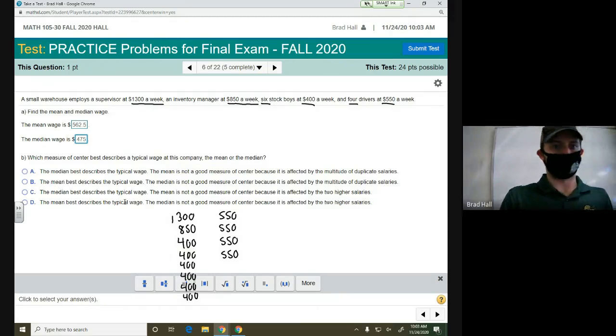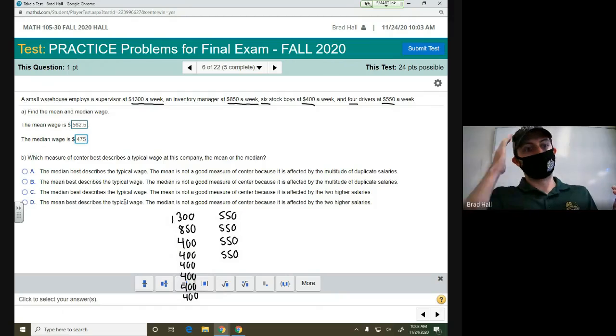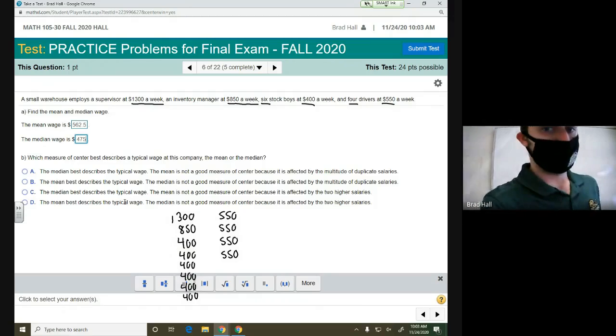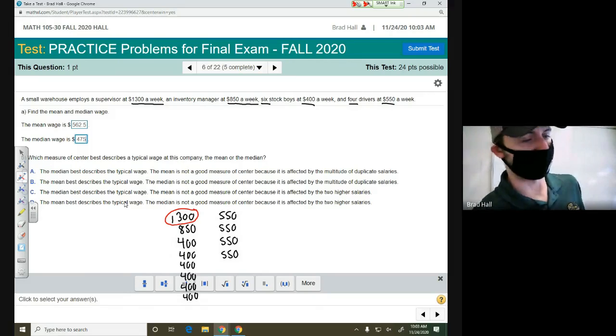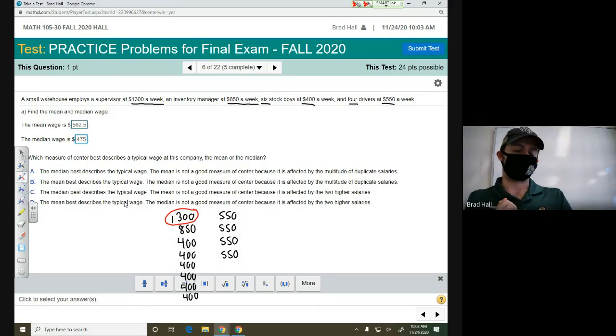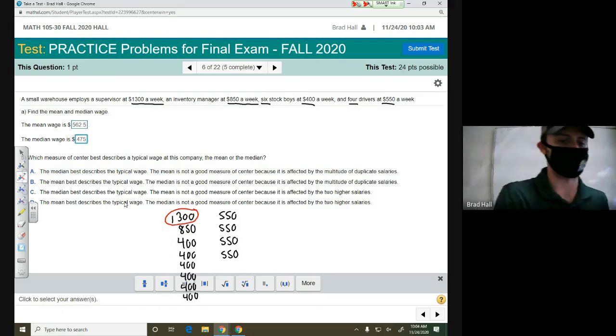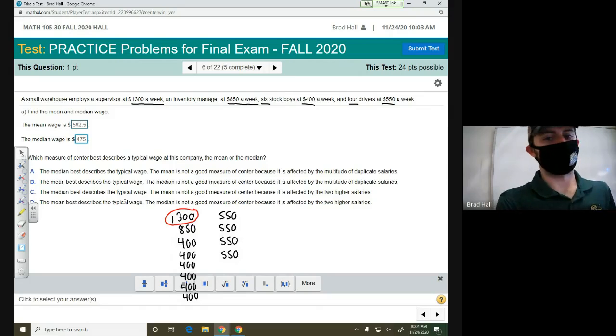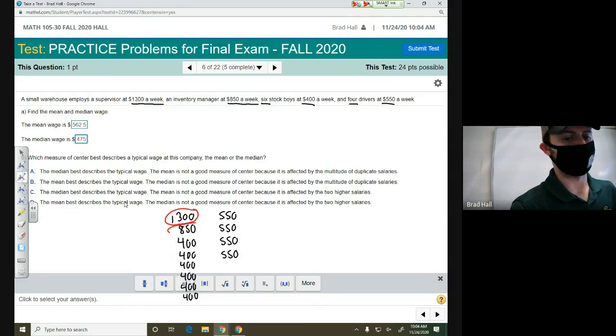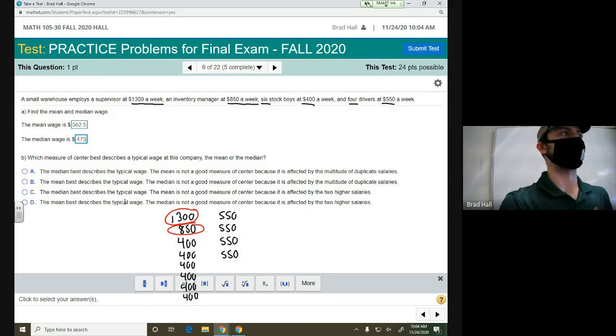So we do have an outlier because, well, out of all these values, if anything, this looks like a huge outlier in comparison to the salary of the stock boys and the drivers. And in fact, the description goes on to say that both of these are outliers, which in any case, just the presence of a single outlier tells us that the median is going to be the best measure.